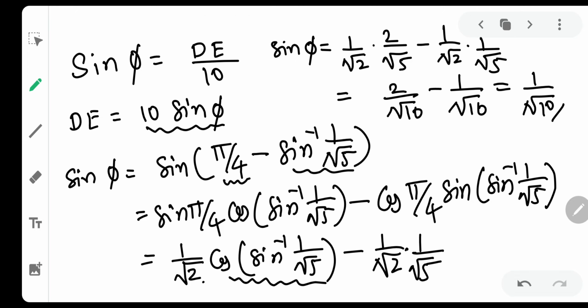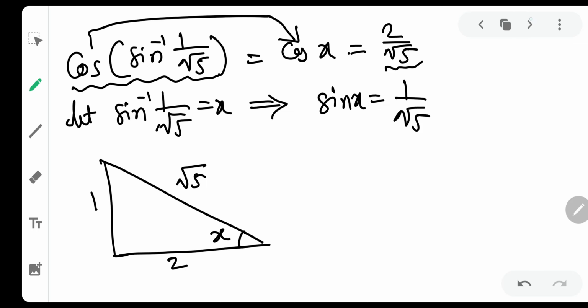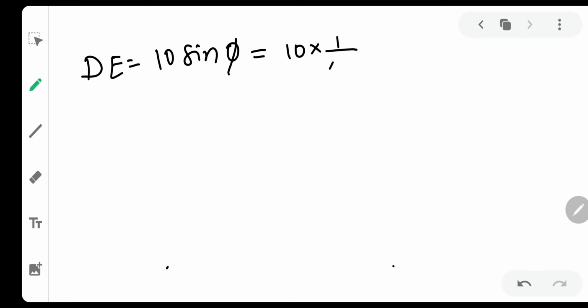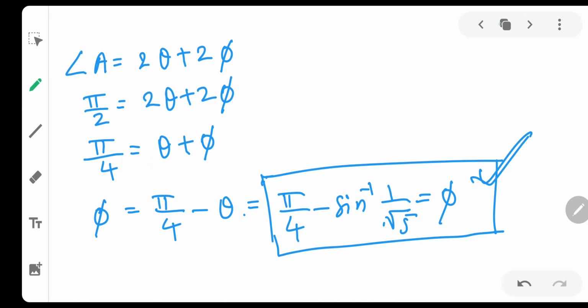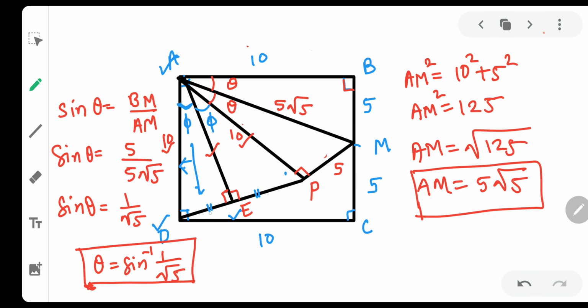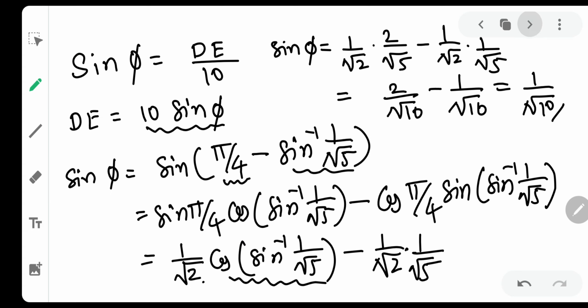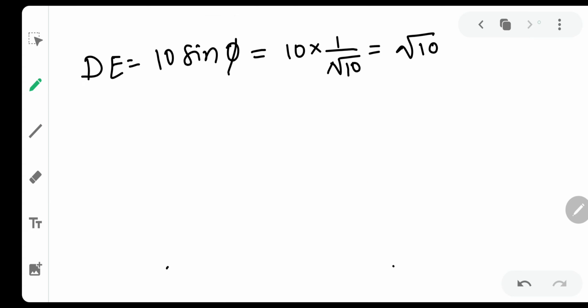So DE is 10 sin phi, and sin phi was, let us check, we don't want to commit a mistake, 1 by root 10. So that will just be root 10. But we calculated DE and we had already proved that DE and EP are the same. So DP will be twice of DE.